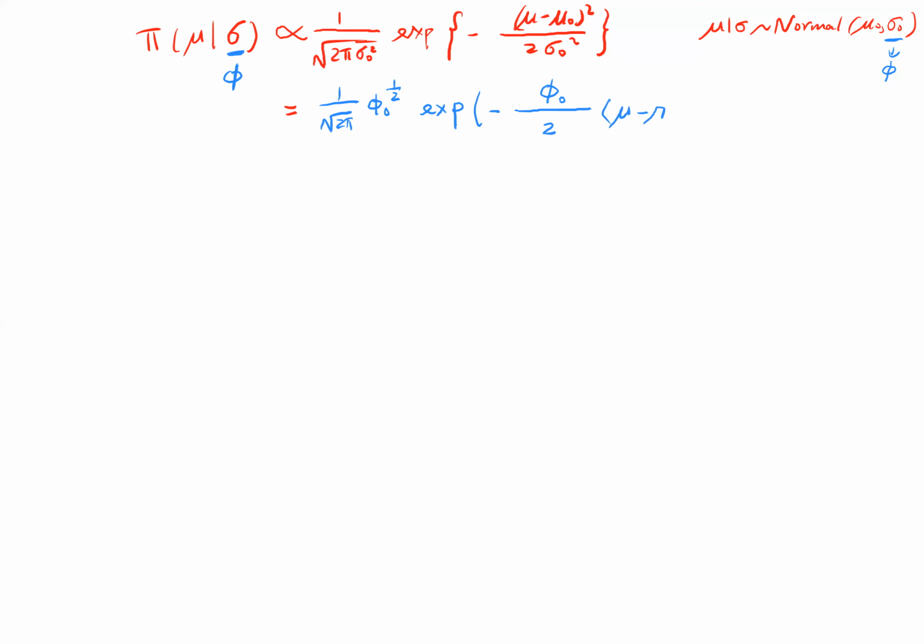So pretty much you just replace sigma 0 squared here with phi 0. One thing is you have to bring it up. It's not in the denominator anymore because it's 1 over sigma squared. So let me write the notation. This is your relationship. Okay? So we replace that using phi 0.